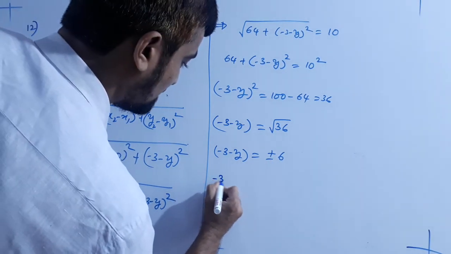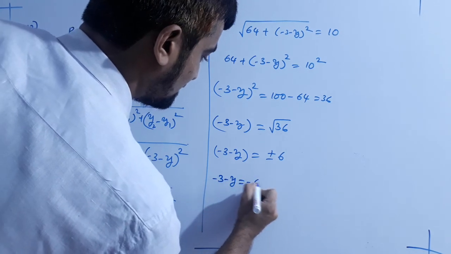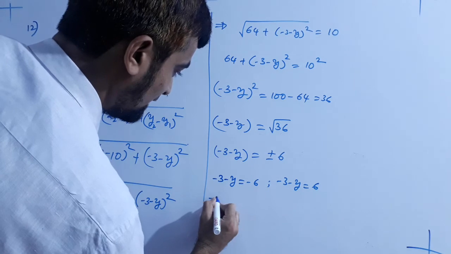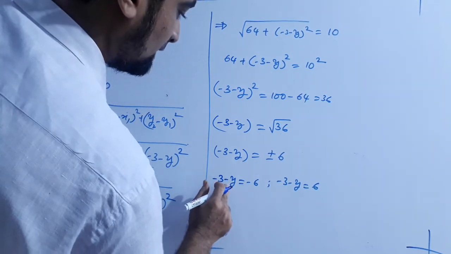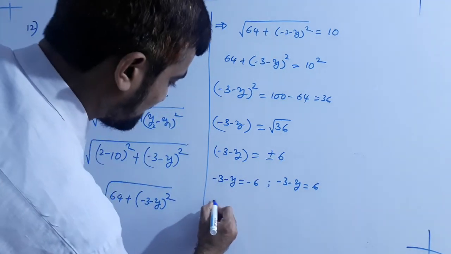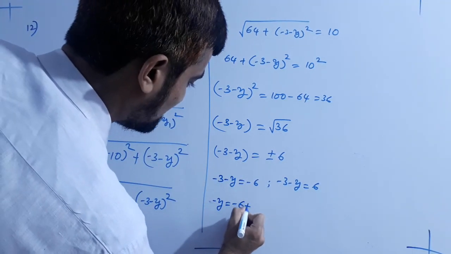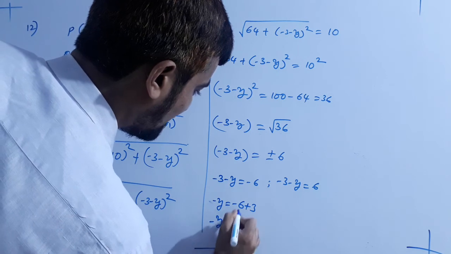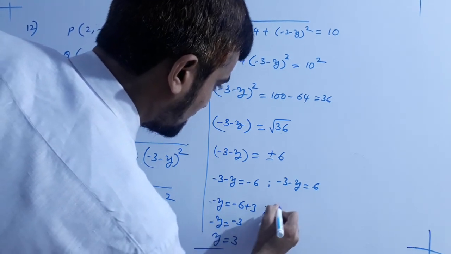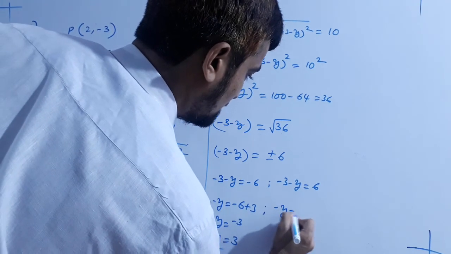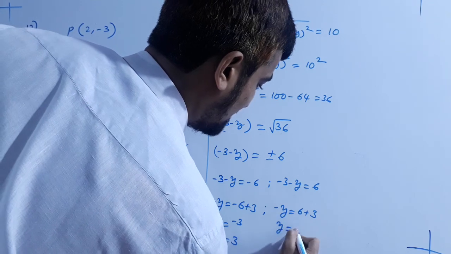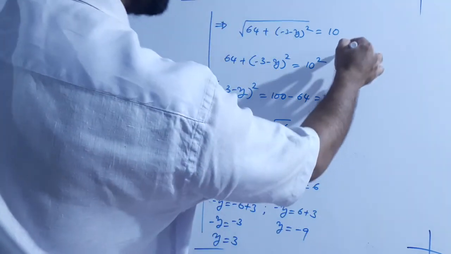Minus 3 minus y equals minus 6, and minus 3 minus y equals plus 6. Minus 3 goes over there, becomes plus 3. Minus y equals minus 6 plus 3, minus y equals minus 3, y equals 3. Minus y equals 6 plus 3, which is 9, so y equals minus 9.